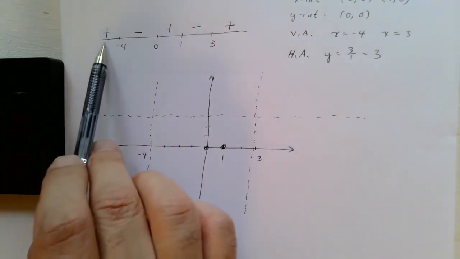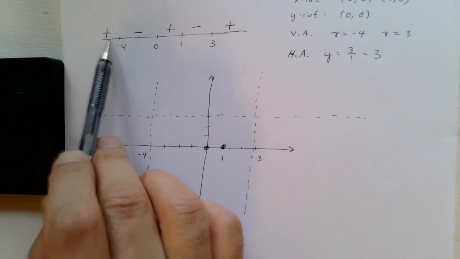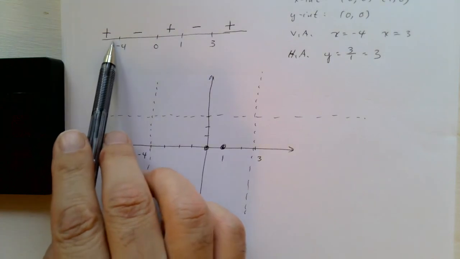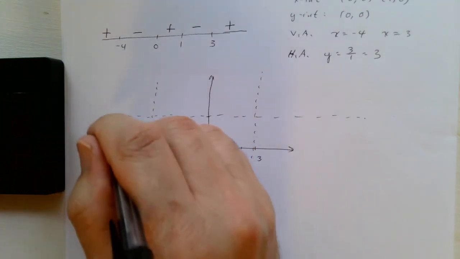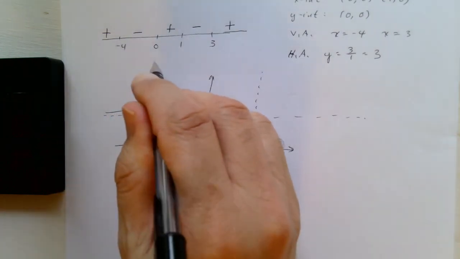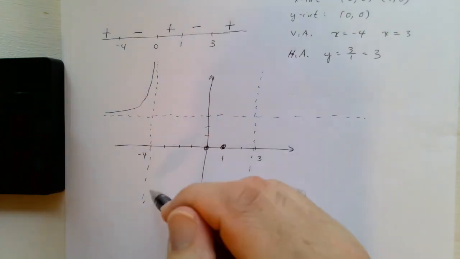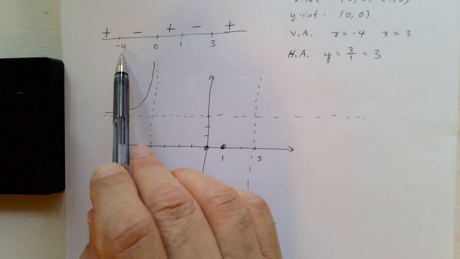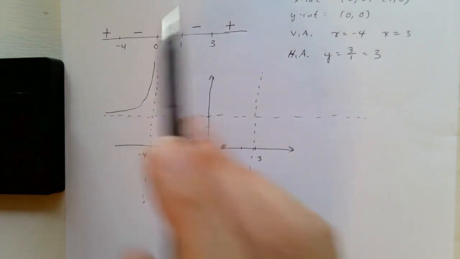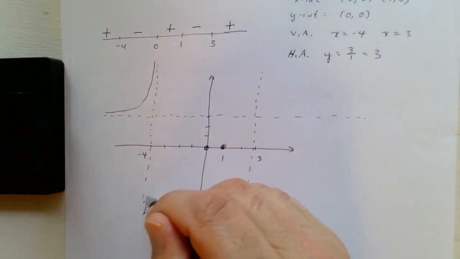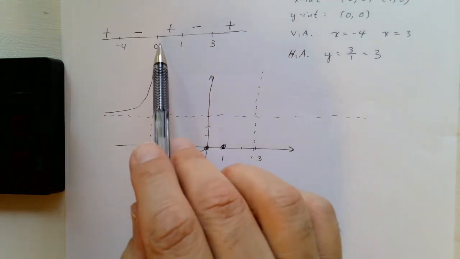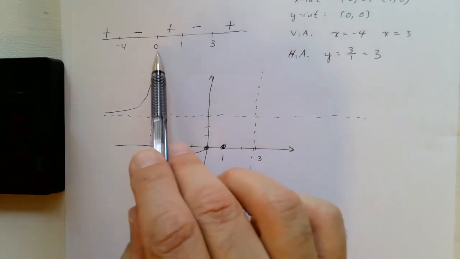We start out positive over here on the left, and that means at negative 4 we're shooting up on the left and shooting down on the right. So the graph is going to start way down here, and the graph is completely underneath the x-axis from negative 4 to 0. Then for a very short time between 0 and 1, it's above the x-axis.